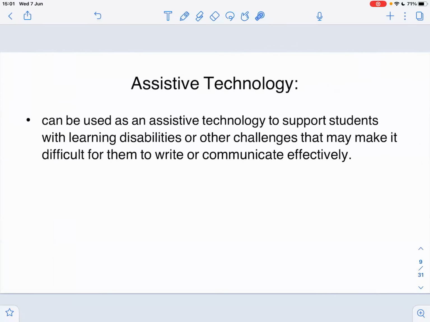It's great. We can use it, as Giselle really nicely pointed out, as assistive technology. Be My Eyes is an AI for partly or fully blind students, for students with visual impairment. So we can use AIs to support students.